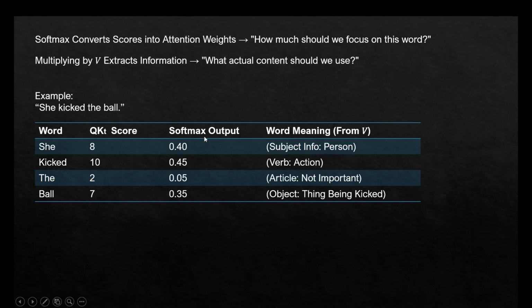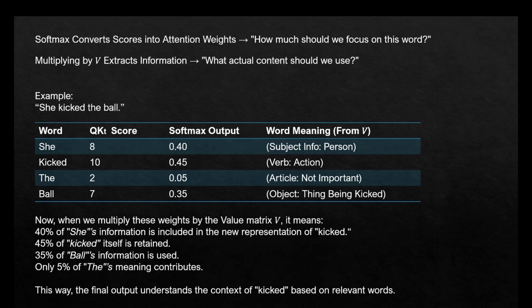So the model now knows that she is very important when it comes to kicked with respect to the sentence. But so far it only has a number, it doesn't know what to do with it. By multiplying it with the V vector, it gives you the information about she itself.